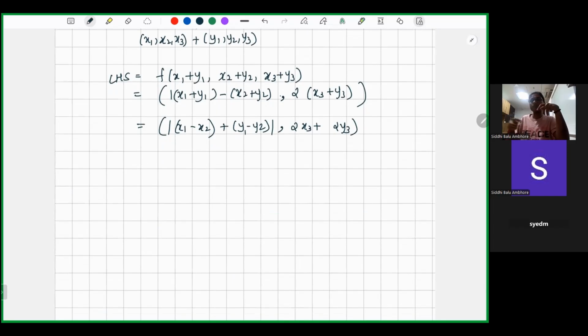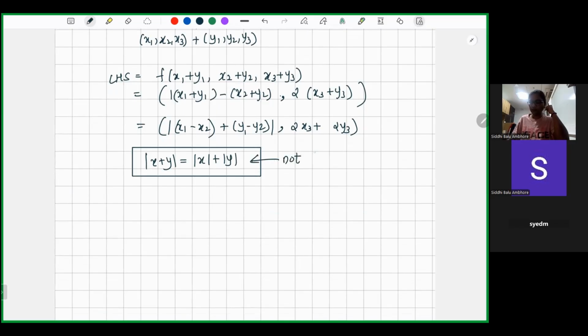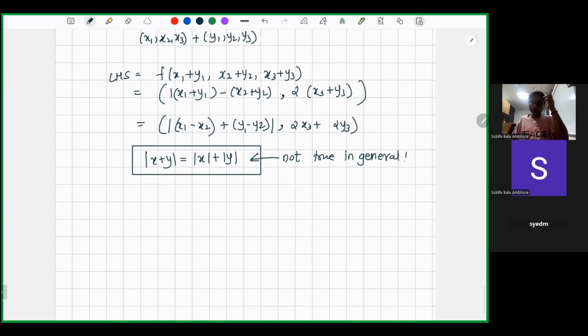We can't separate this further because this is not true in general: mod of x plus y is equal to mod x plus mod y.